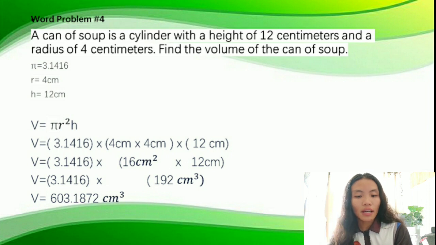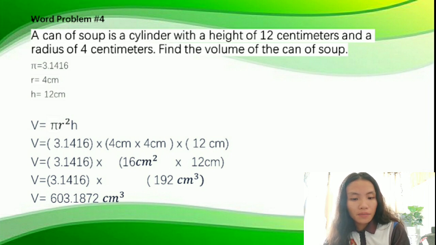So, let's write it: pi is 3.1416 times the radius, which is 4 centimeters.